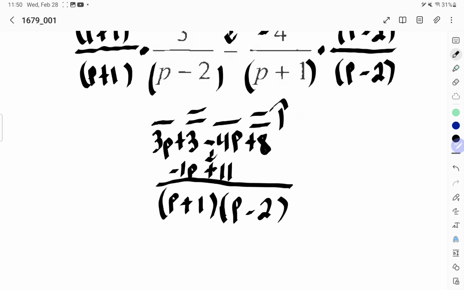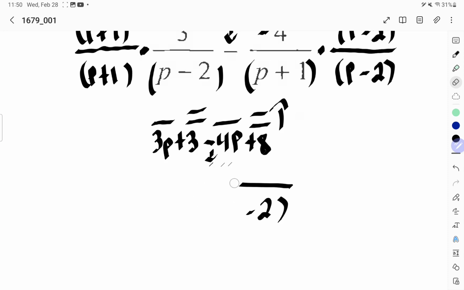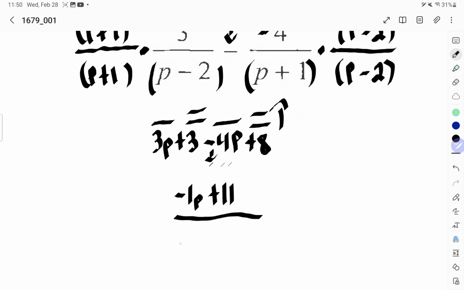Let me rewrite it a little lower so it doesn't look too crowded. Like I said, it's going to be negative 1p plus 11. And we already know what my denominator is going to be. It's just going to be p plus 1 and p minus 2. There we go. That's my answer for that one.